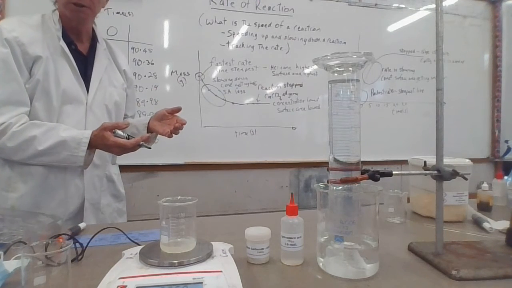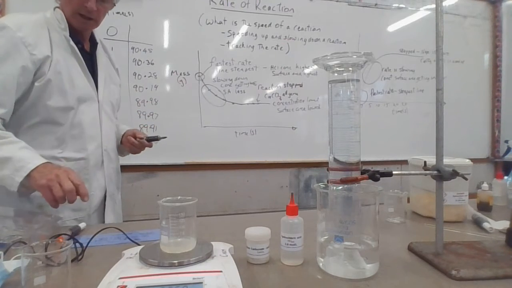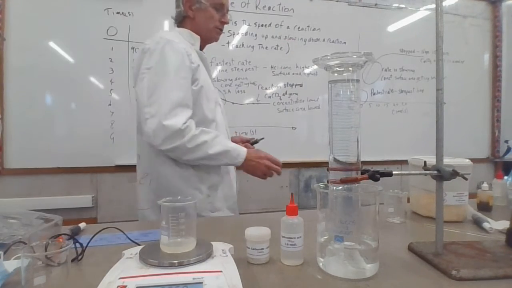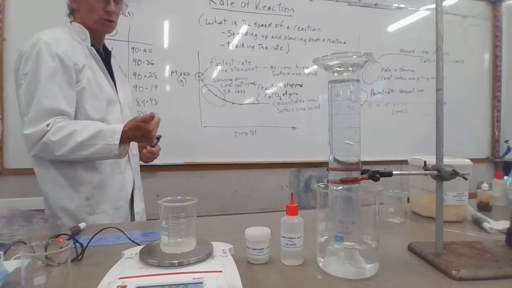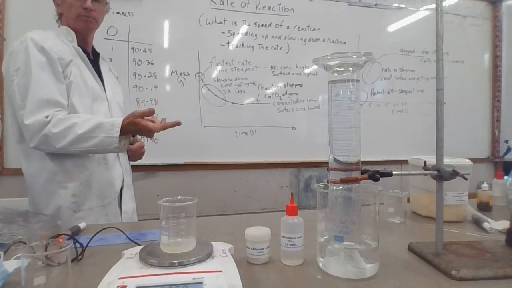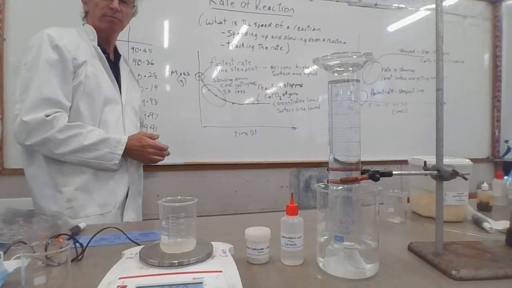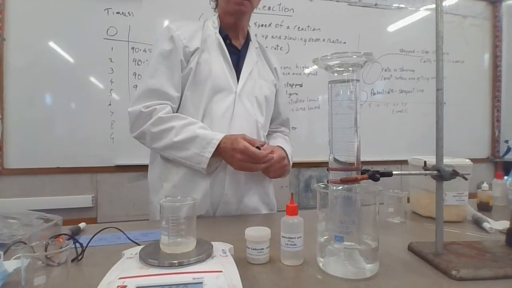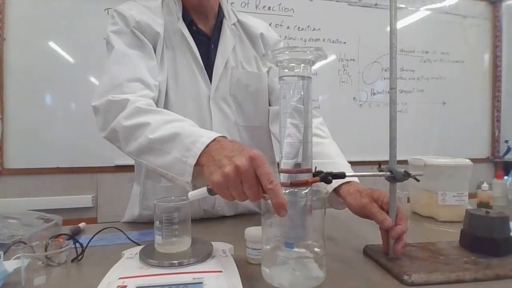The third one you're expected to know about is temperature, and all three of them, if you increase them, they increase the rate of reaction. If you increase the surface area, increase the concentration, increase the temperature, the reaction speeds up. And quite logically, amazingly for science, if you reverse those things, then the rate will drop.